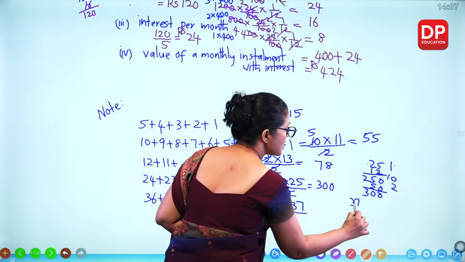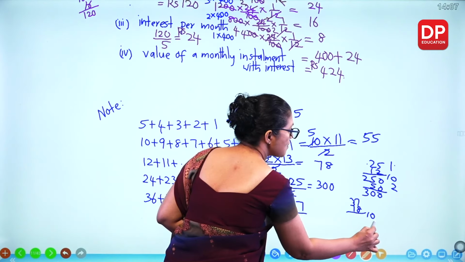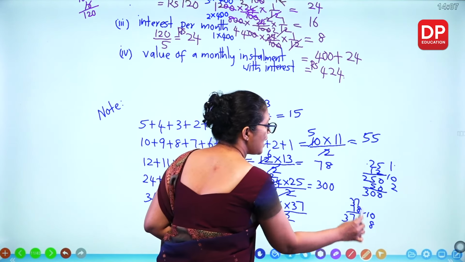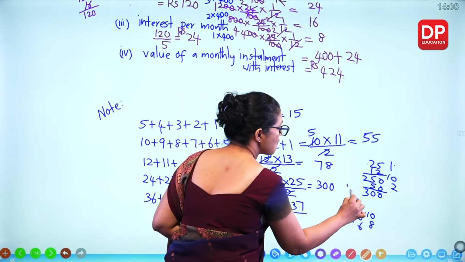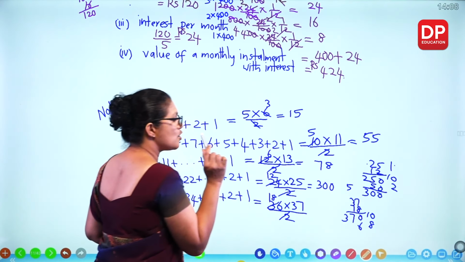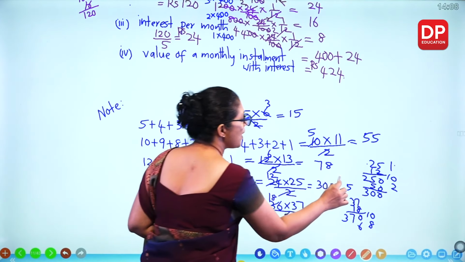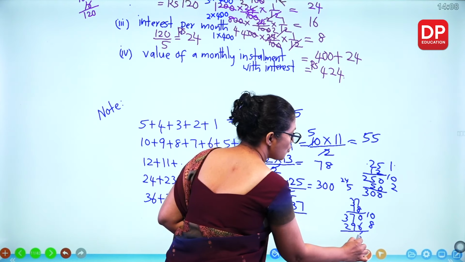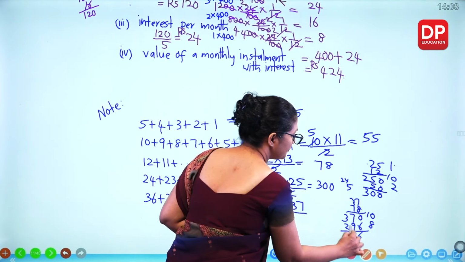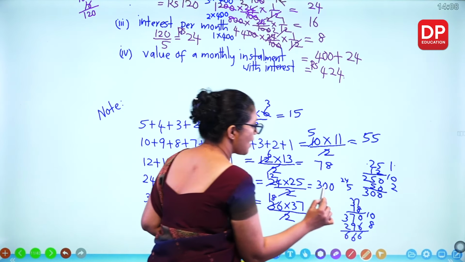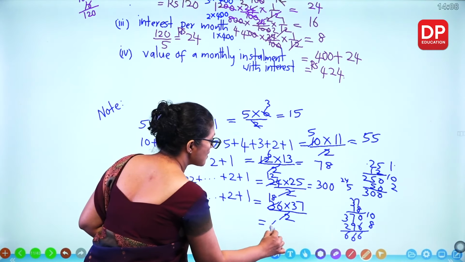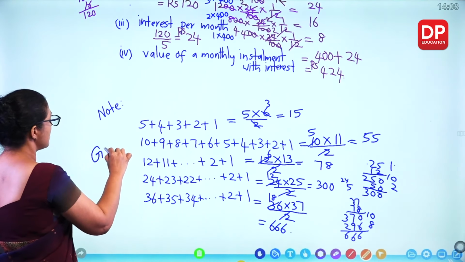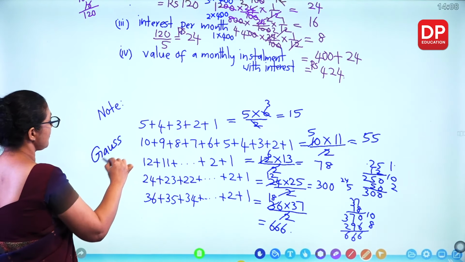So 37 times 18, first multiply by 10 and then 8. 8 times 7, 56, 5 remaining. 8 times 3, 24. 24 plus 5, 29. When you add these together, 666. So this method is called the Gauss method.